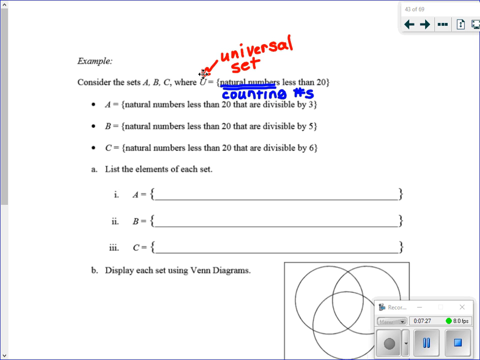So that would be all these numbers. If I were going to define the elements, that's 1, 2, 3, 4, on and on and on, ending not at 20, but less than 20, so ending at 19, right? Okay, that is my universal set.